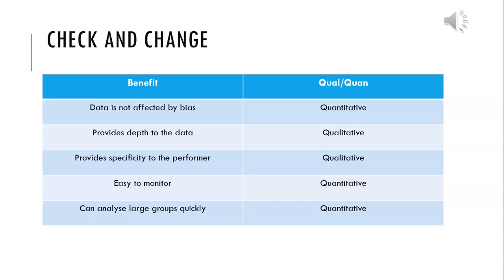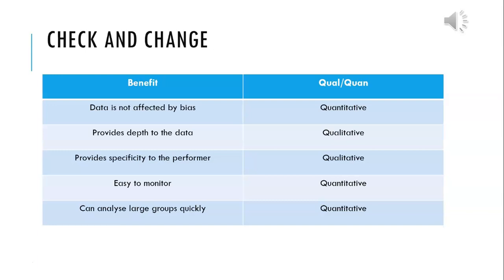It provides specificity to the performer. That's the same reasons why it's qualitative, and you're given far more detail when you're writing things down rather than just taking a number. Easy to monitor, far easier to monitor numbers and the ups and downs of numbers instead of qualitative data. It's very hard to read all the different types of scripts and information that you've got and compare any improvements, whereas you can clearly see that a 5's gone to a 10 or a 10's gone to a 9 seconds.